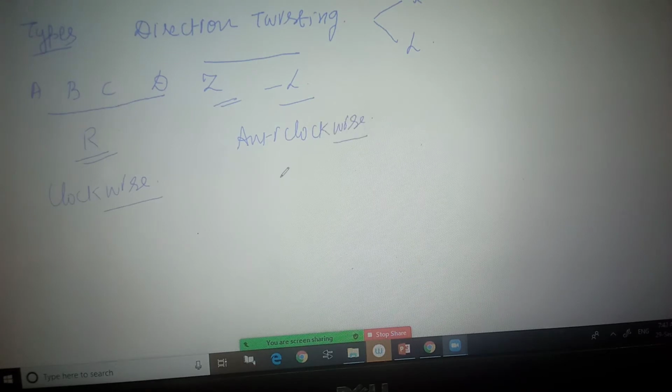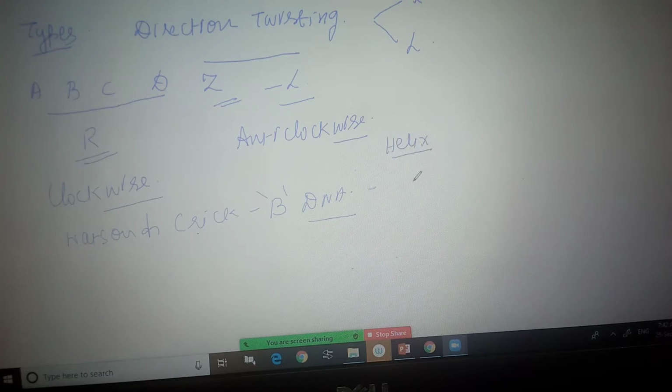This is the DNA proposed by Watson and Crick. Watson-Crick is a B type of DNA. When you talk about B type of DNA, what is the helix length?